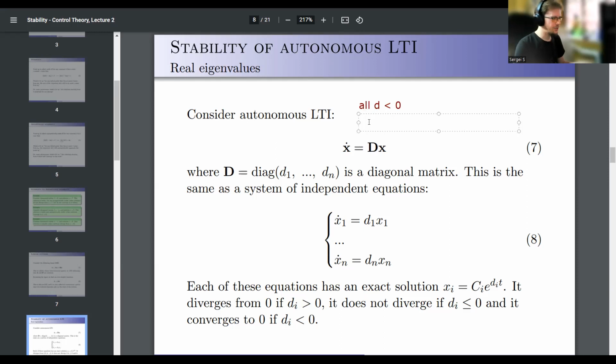It is unstable if there exists D which is bigger than 0. Then it is unstable.